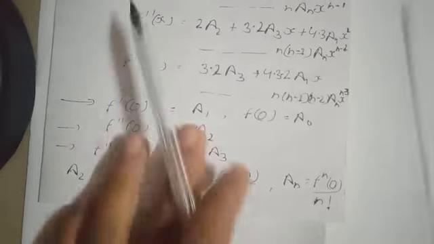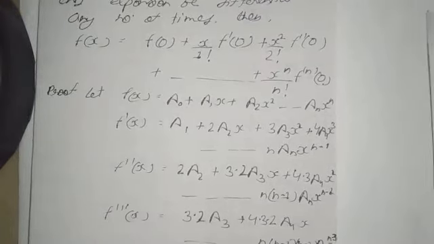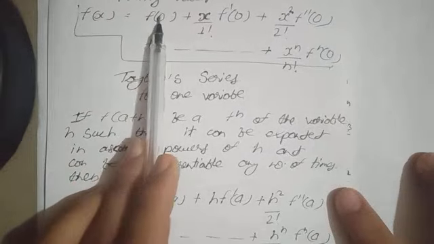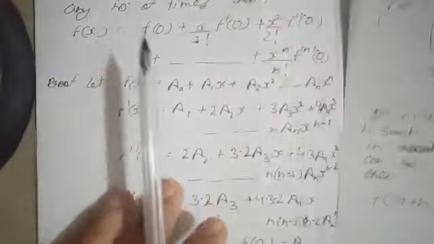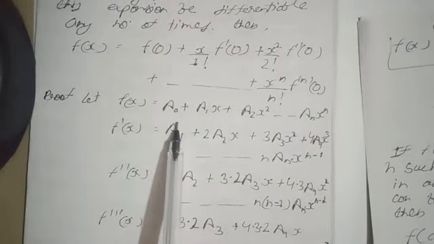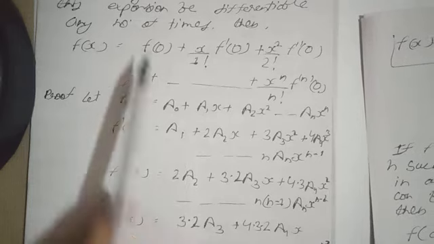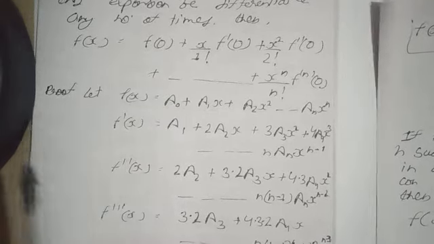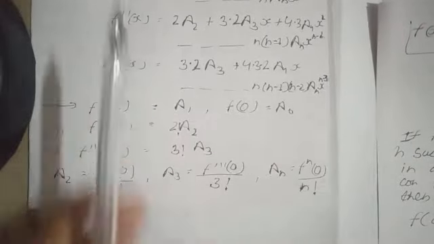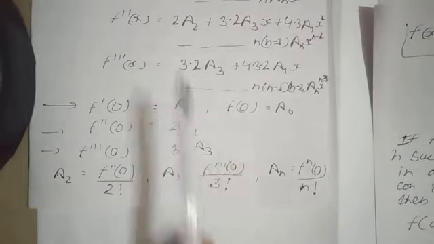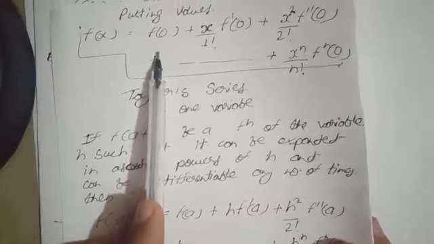After that, putting the values of the constants in this equation, we obtain this statement. The value of a0 is f(0), so we put f(0) in the place of a0.